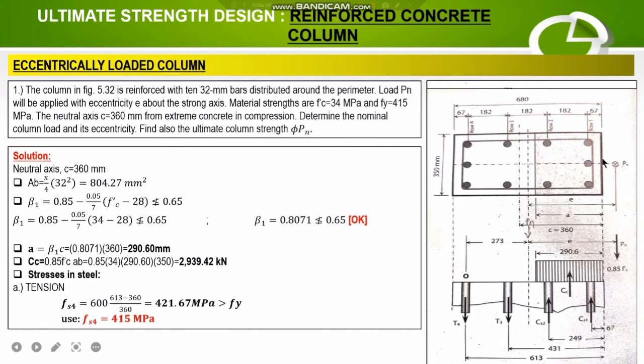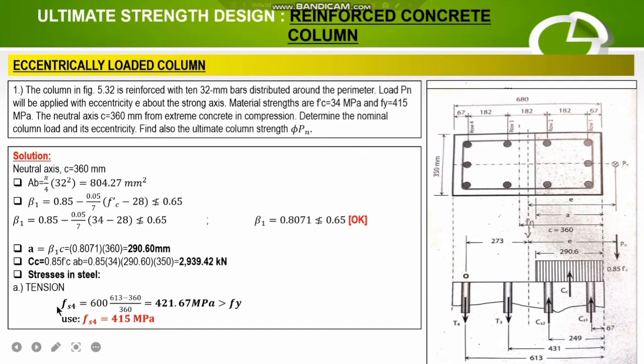Our basis for the computation of the effective depth shall be from the extreme concrete fiber. So 680, the whole section length, minus the concrete covering, which is 67. So 680 minus 67 is equal to 613, minus 360, which is the neutral axis C, all over C, all over the neutral axis.